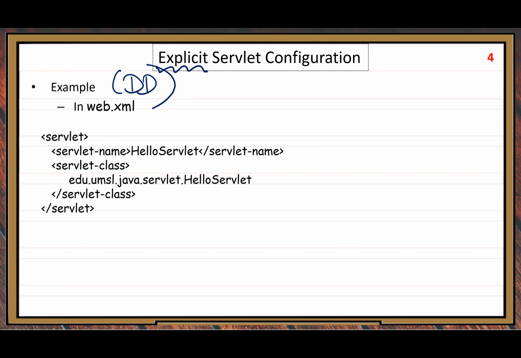By default, as I mentioned before, the servlet name is our servlet class name. If you have some good reason, you can change it, but usually we do not change it. We just use the default name.